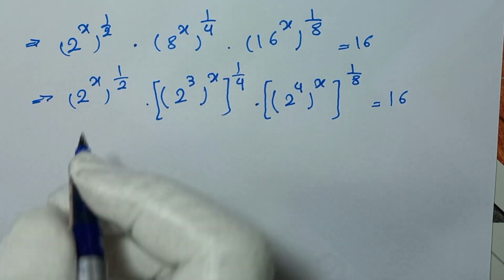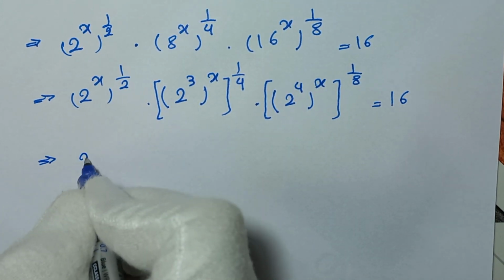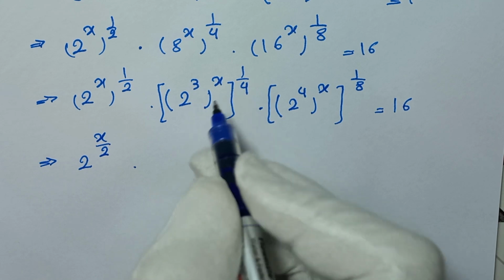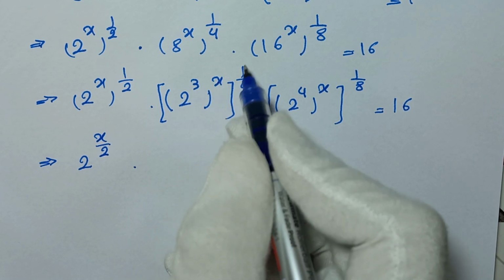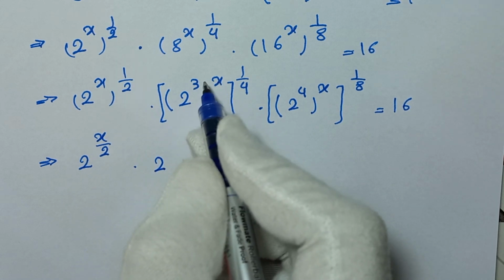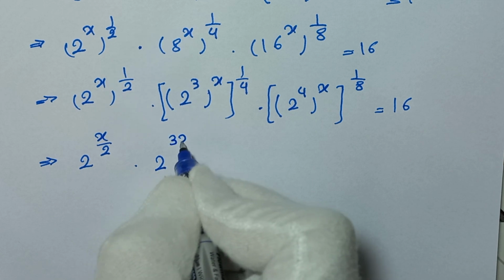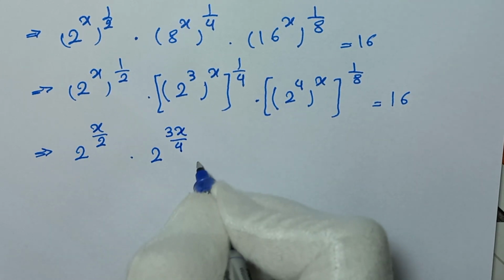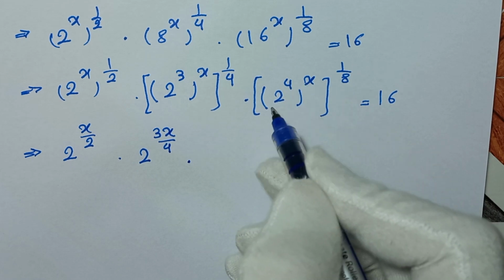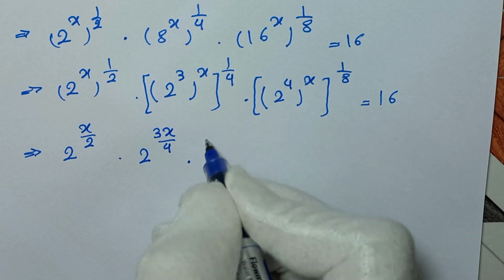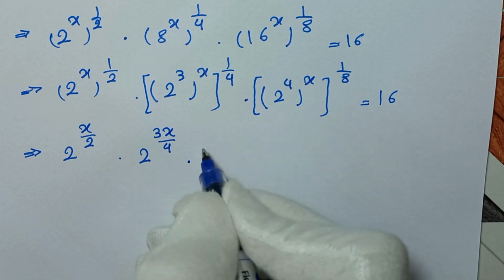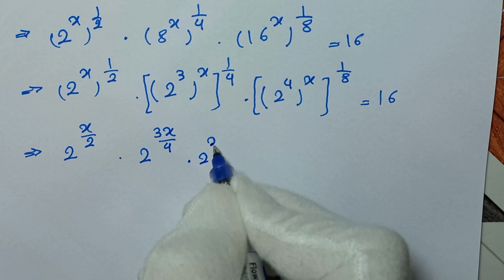In the next step, we can write 2 to the power of x times 1 over 2, which is x over 2, and times 2 to the power of 3 times x times 1 over 4, which is 3x over 4, and times 2 to the power of 4 times x times 1 over 8, which is 4x over 8, or x over 2.